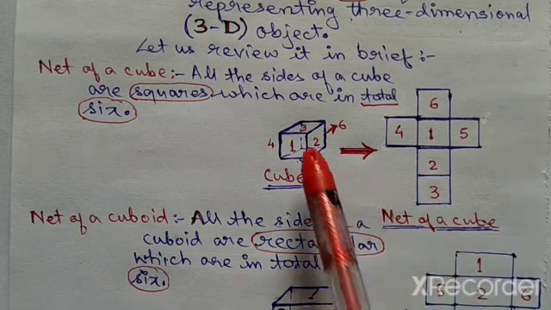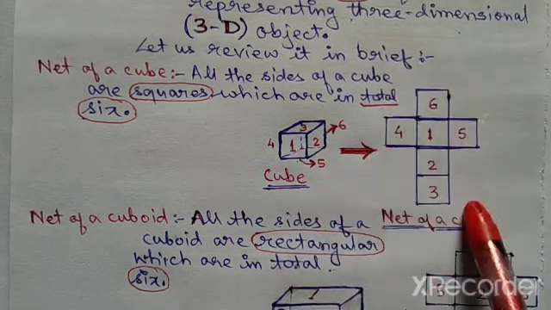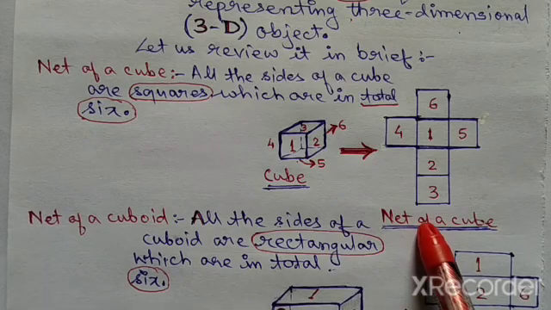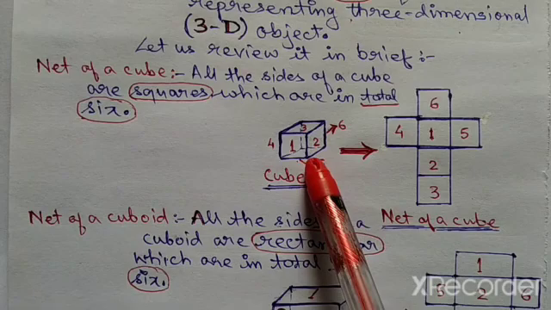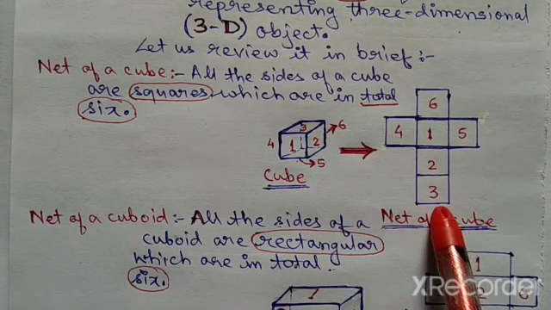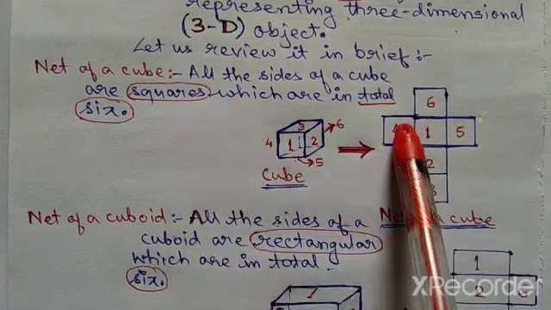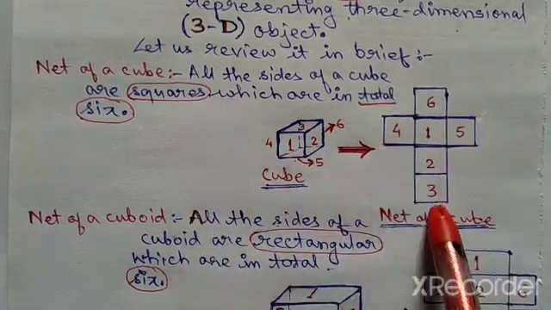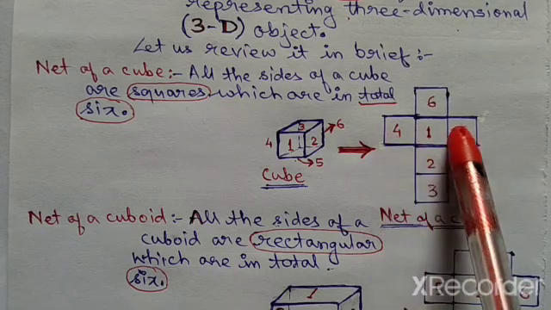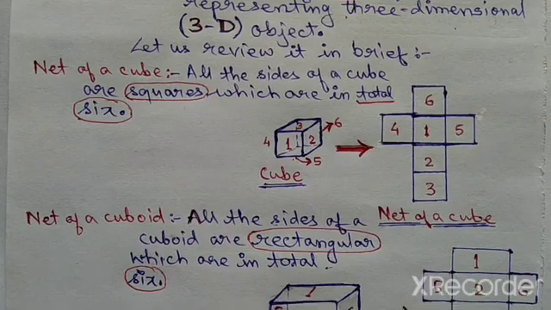Open all the sides of a cube, you will see in this way diagram looks like. It will become a 2D shape, children. So children, if you see the net of a cube, all the sides are square, and how many squares are there? 6 squares. 1, 2, 3, 4, 5, 6.